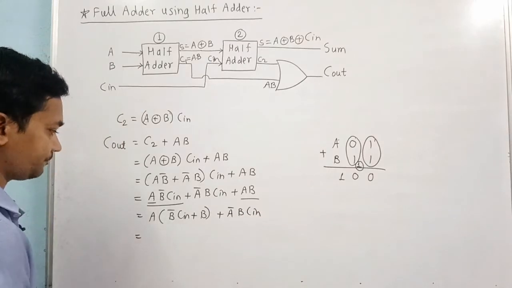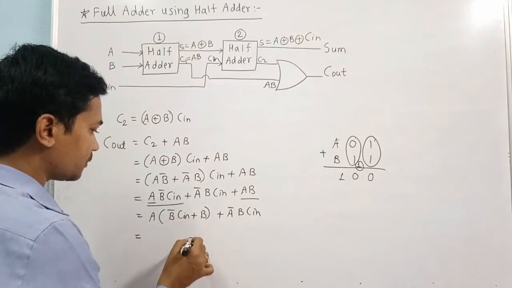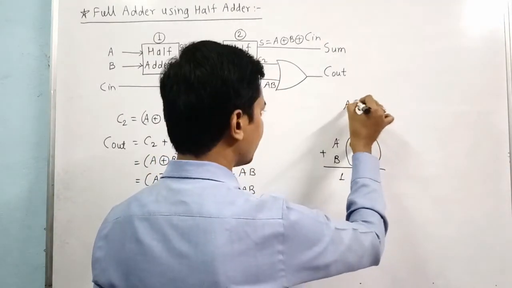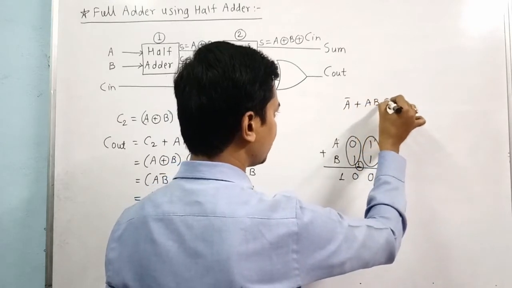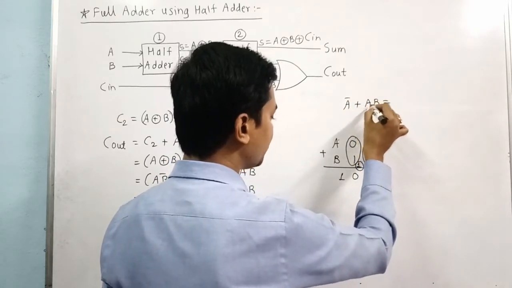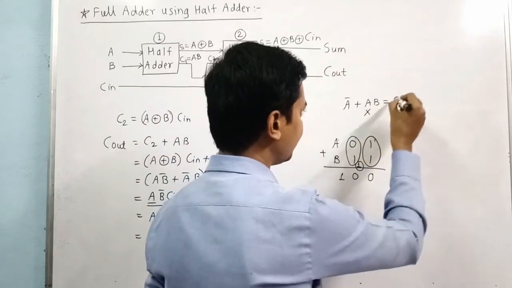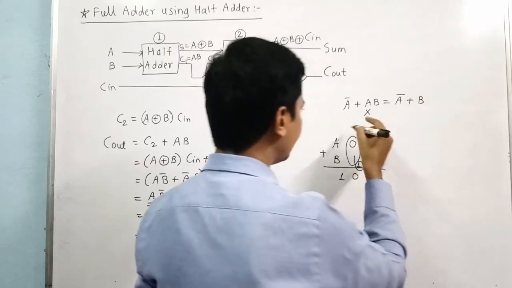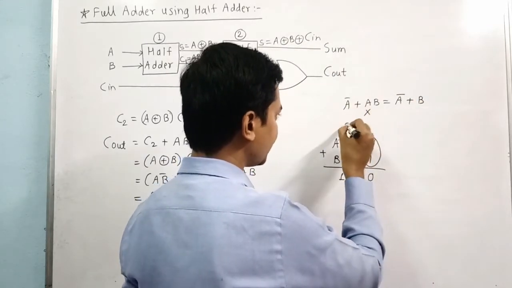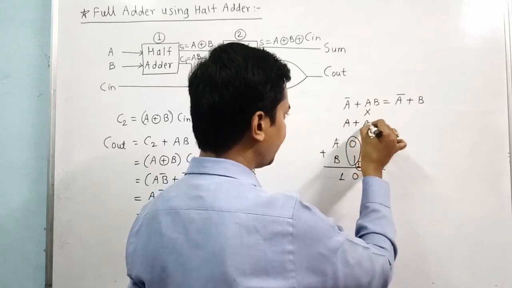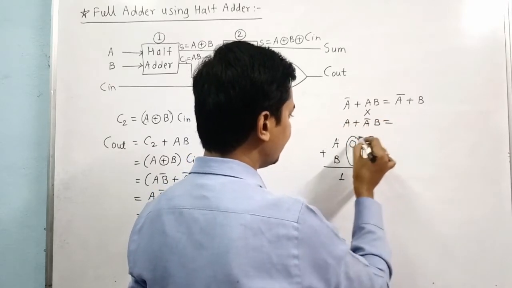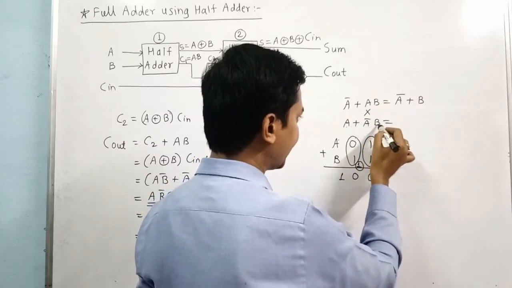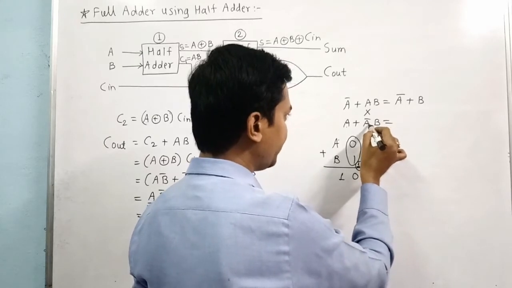Now, as we know from De Morgan's theorem, A bar plus AB is equal to what? This variable will be cancelled, so the expression simplifies to A bar plus B. Or if you consider another situation, suppose A plus A bar B, then these two terms are complements of each other, and the second term is multiplied with this complemented variable.